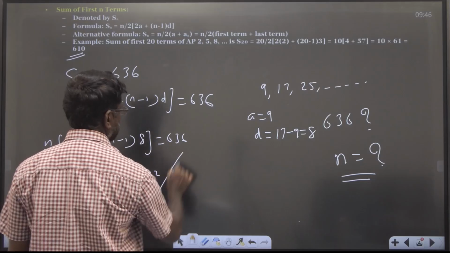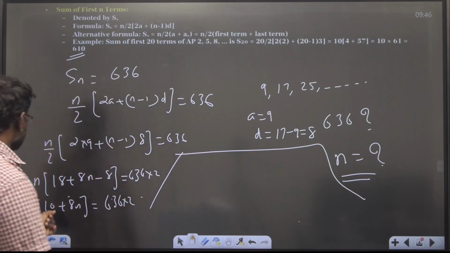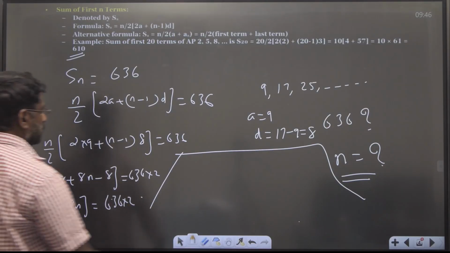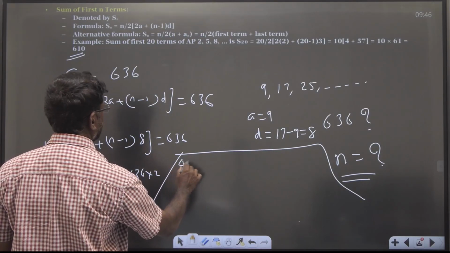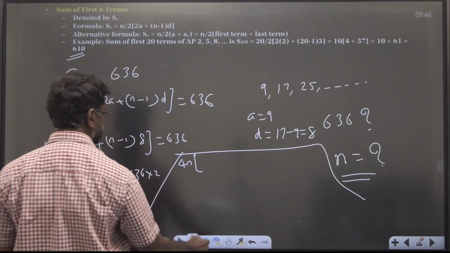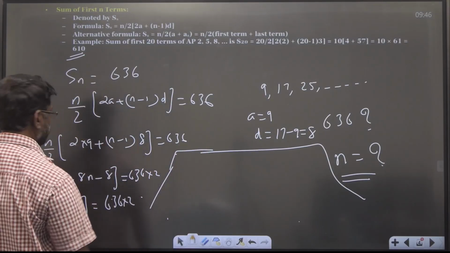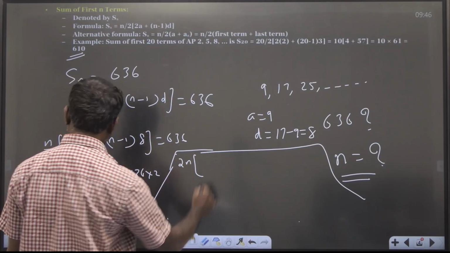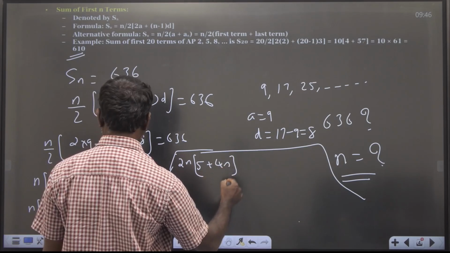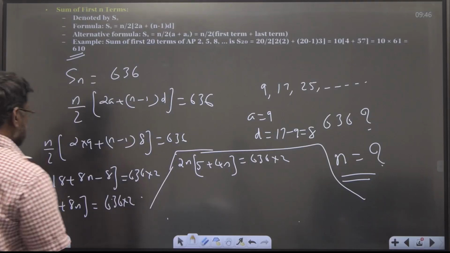Okay, I can write the remaining portion here. What is the common factor here? Not 4, 2 is the common factor. Therefore, 2 into 5 plus 4n, multiplied with n, equal to 636 into 2.